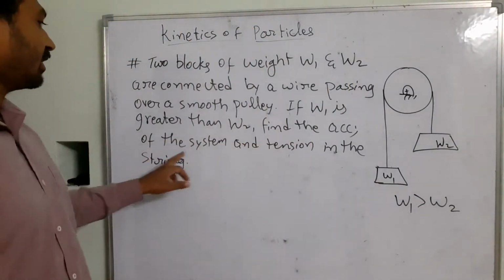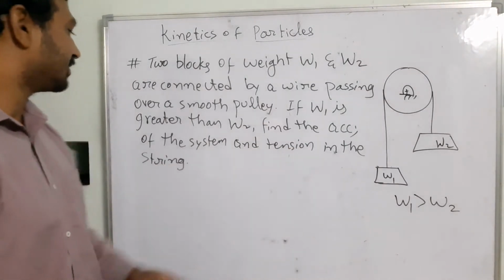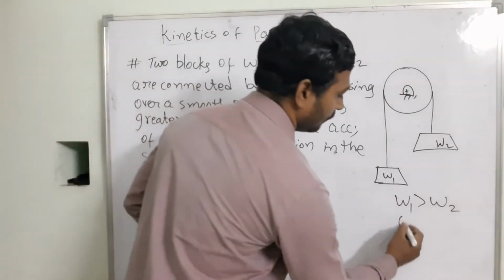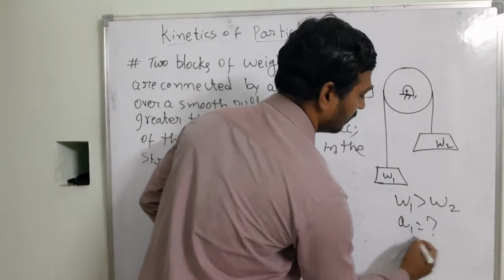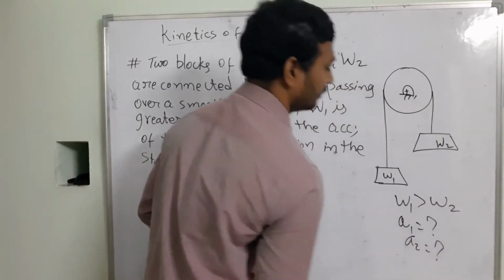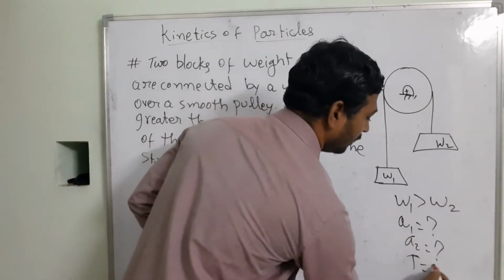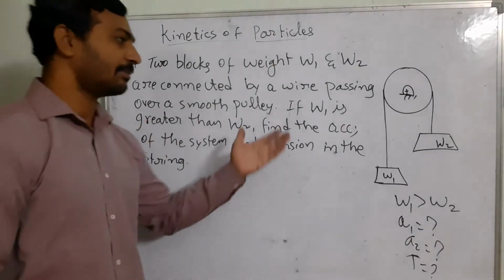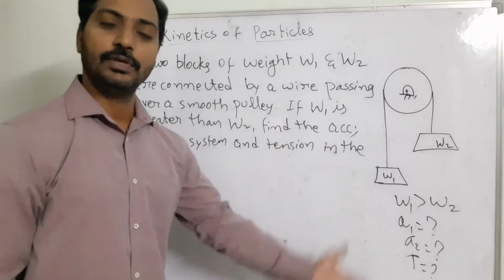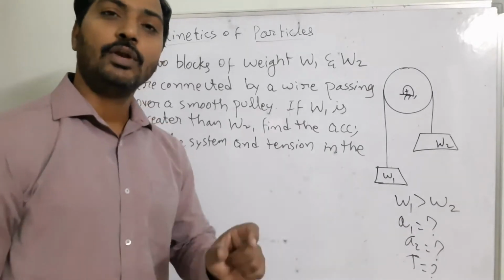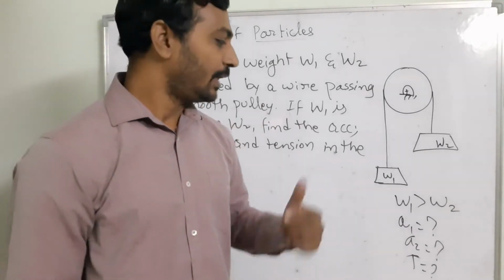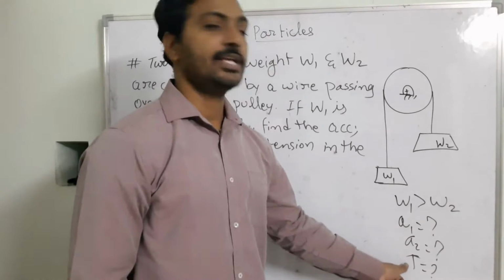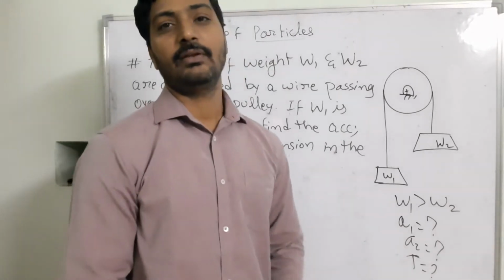Find the acceleration of the system and the tension in the string. That means we need to find A1 and A2, and the tension needs to be calculated. In this case, no numericals are provided, that means the values of W1 and W2 are not provided, so we are going to derive the equation, find A1, A2, as well as the tension in that string.